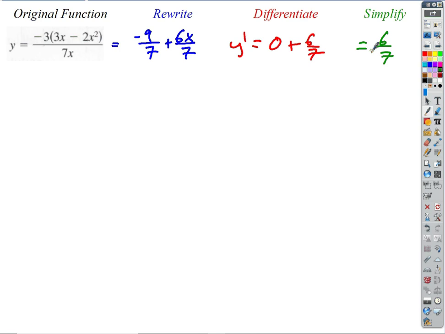This makes the problem a lot tougher if I've got something like 7x minus 1 on the bottom. Now I'm stuck. Now I can't just split that up and divide the x's vertically, right? But if I've got a monomial on the bottom, a lot of times I can split this up into separate terms and make the derivative process a lot easier.